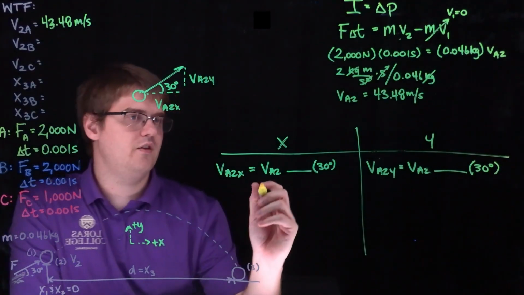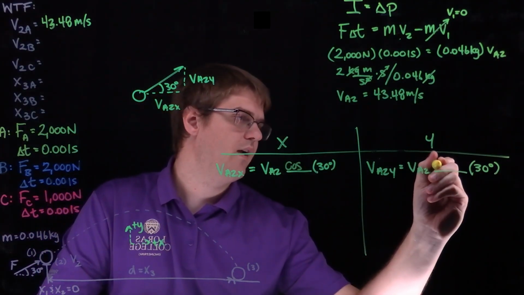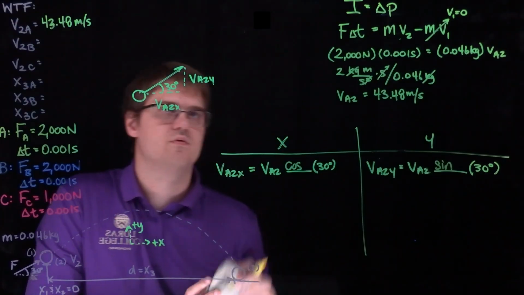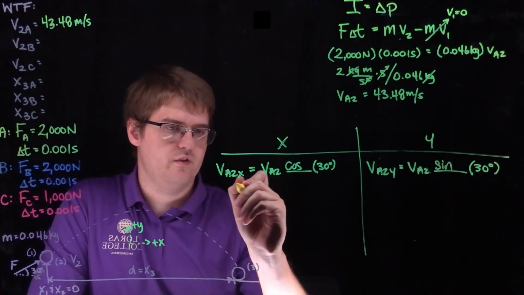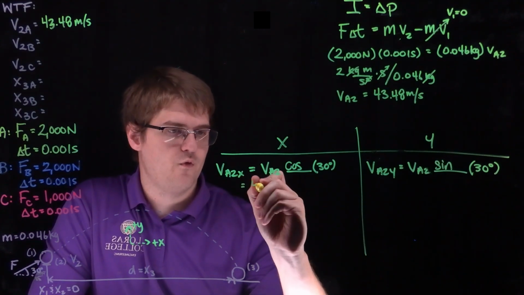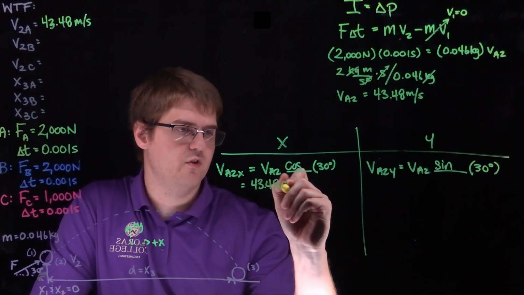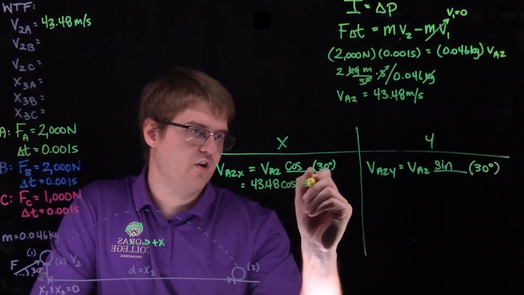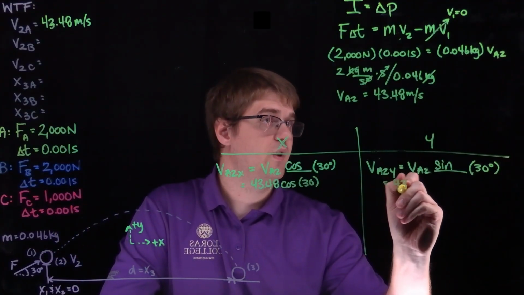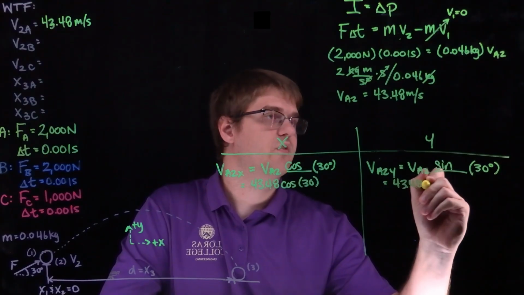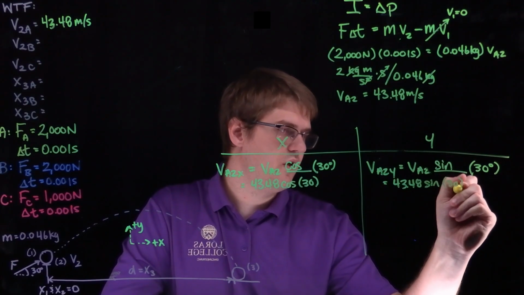Sure looks like VA2 in the x is going to be cosine, and in the y is going to be sine. So this is going to be 43.48 meters per second times the cosine of 30 degrees, and this is going to be equal to 43.48 meters per second times the sine of 30 degrees.